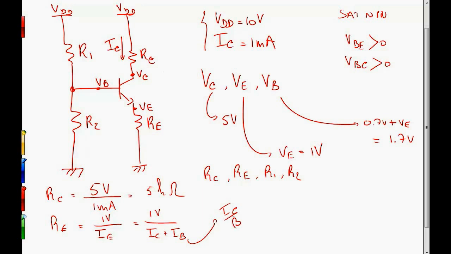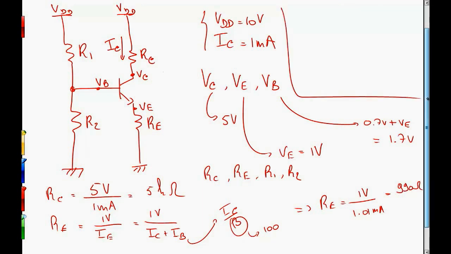So that value can vary a lot. So let's say in this case we take beta equal to 100. It's an approximation, you never know for sure. Now in this case the emitter resistance would be equal to 1 volt divided by 1.01 milliamp, which yields 990 ohm.